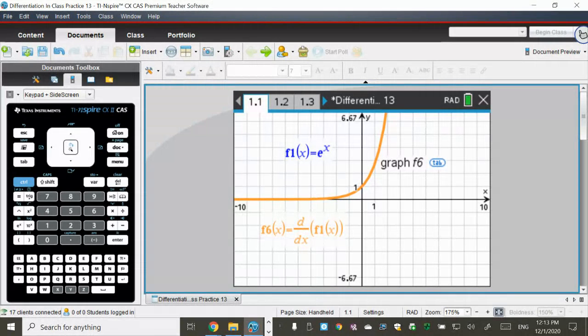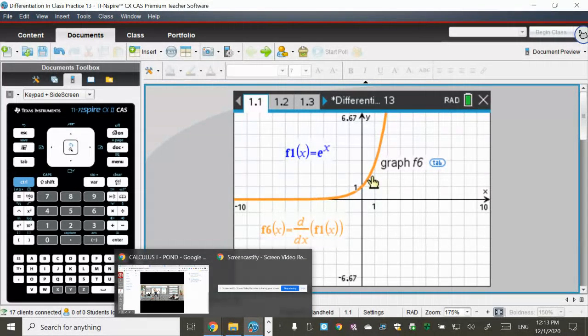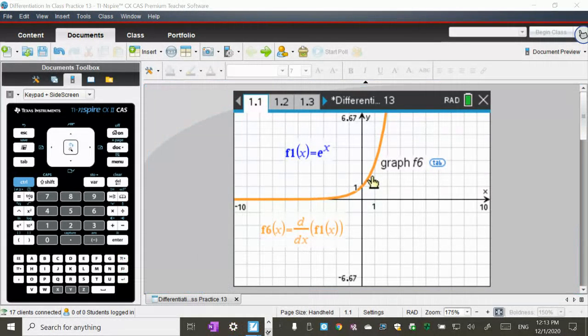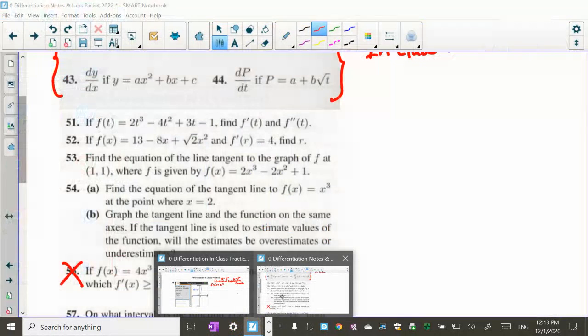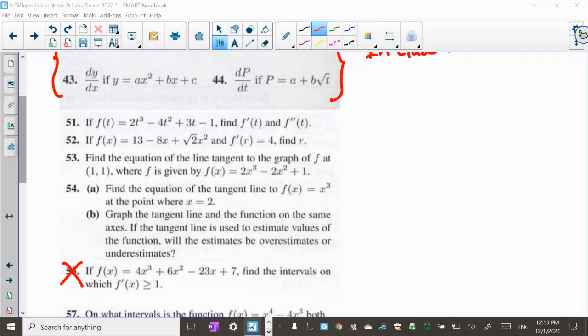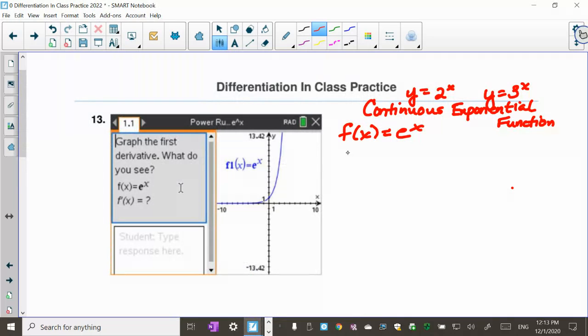So that shows, and it's quite interesting, that the derivative of e to the x is itself, which is really cool. So f prime of x is also e to the x.